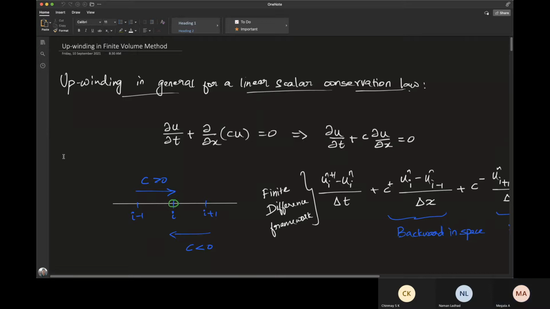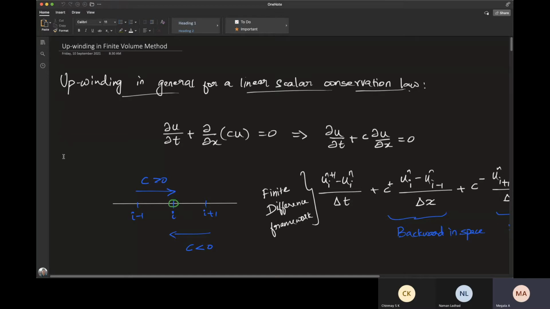So since values are stored at the cell centers, we need to find some way to evaluate G at the interface. That is one problem called reconstruction. Most of the finite volume methods are developed based on how we reconstruct the fluxes at the interfaces. So this is one thing.